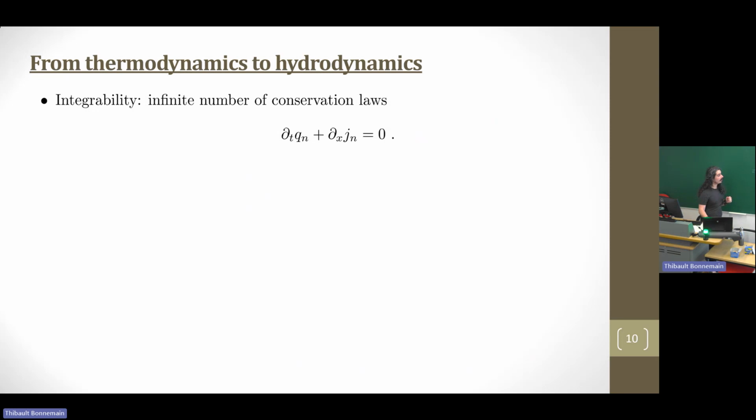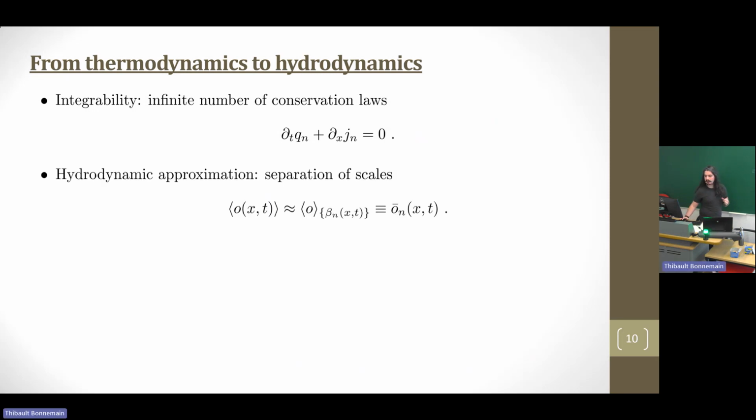And then I assume that I can perform a separation of scales, and I can work under the hydrodynamic approximation, the approximation that the average of an observable at x, t is roughly the average of that observable within a local GGE whose Lagrange parameters depend slowly on x and t. So again, I'm going fast here because I went over this procedure already a few times previously.